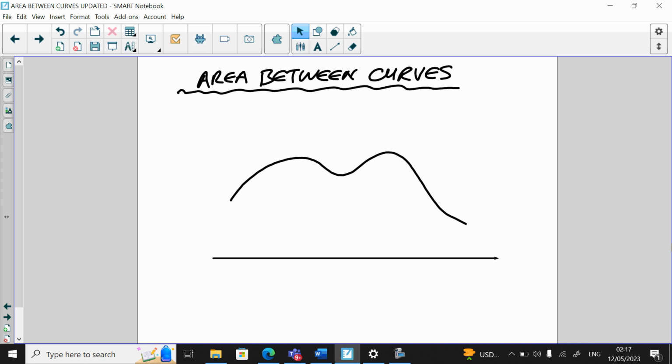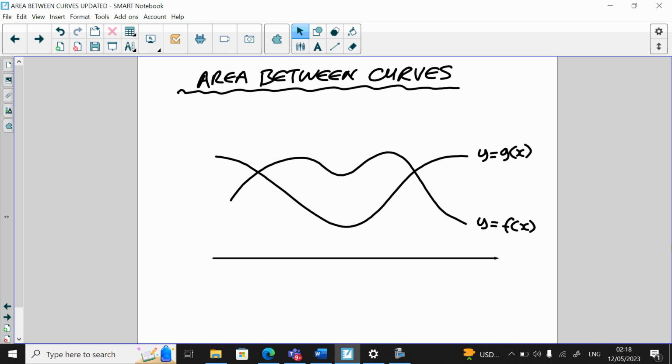And I've got some kind of curve there that may be modeled by some kind of mathematical function. I'll just call it y equals f of x. I need another one. I'll call this one y equals g of x.